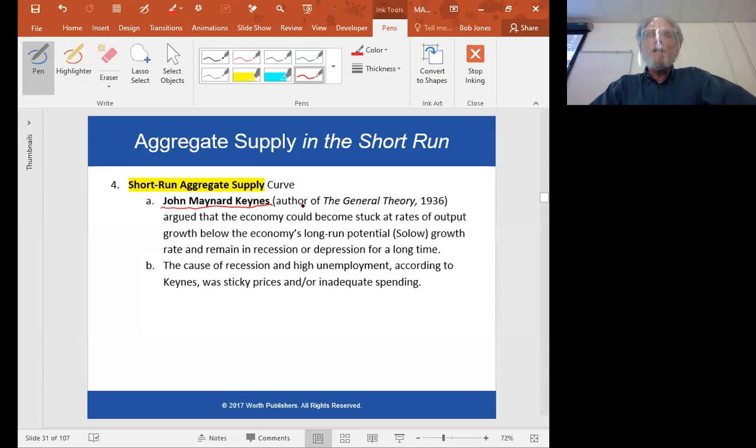He was writing at the time of the Depression, and obviously things were not going well. It wasn't just the United States, almost the whole world was in depression. It started roughly in the early 1930s. Most people would say it lasted at least until World War II started in 1941.